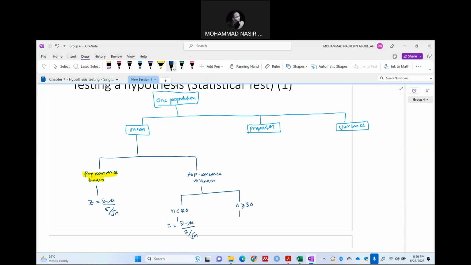When n is 30 or more, Z equals X bar minus mu over s over square root of n. Remember, the population variance is unknown, so we use the sample standard deviation.